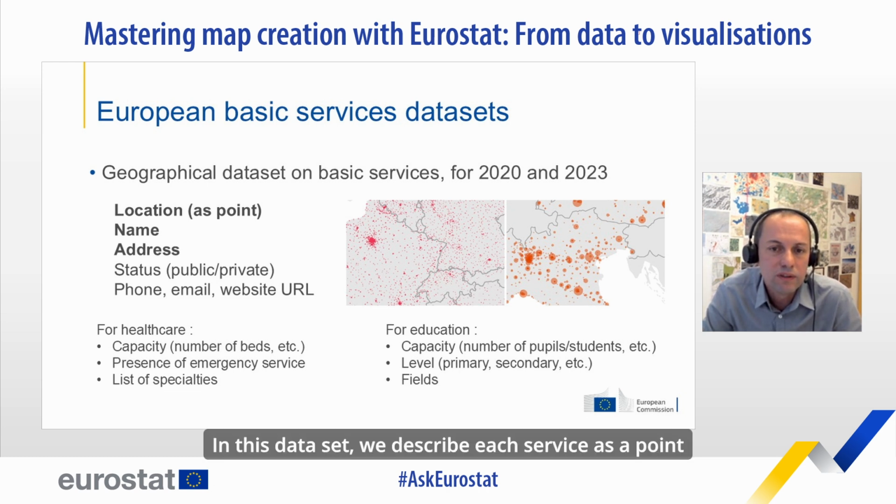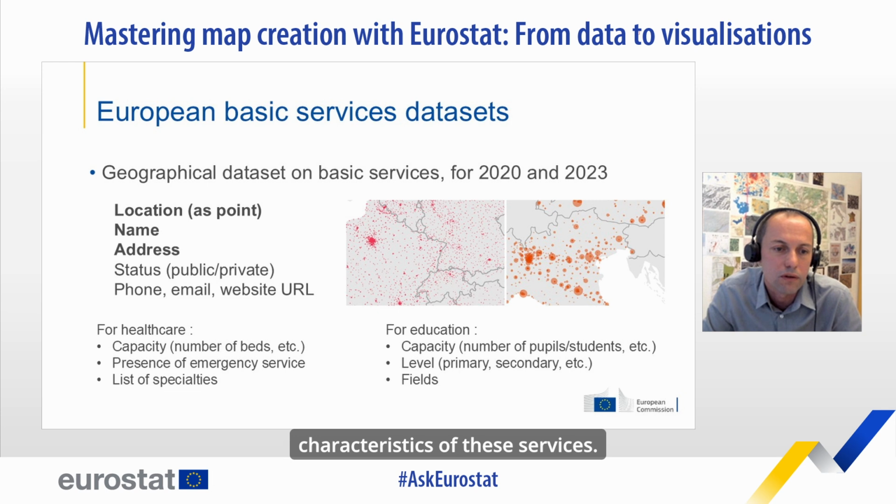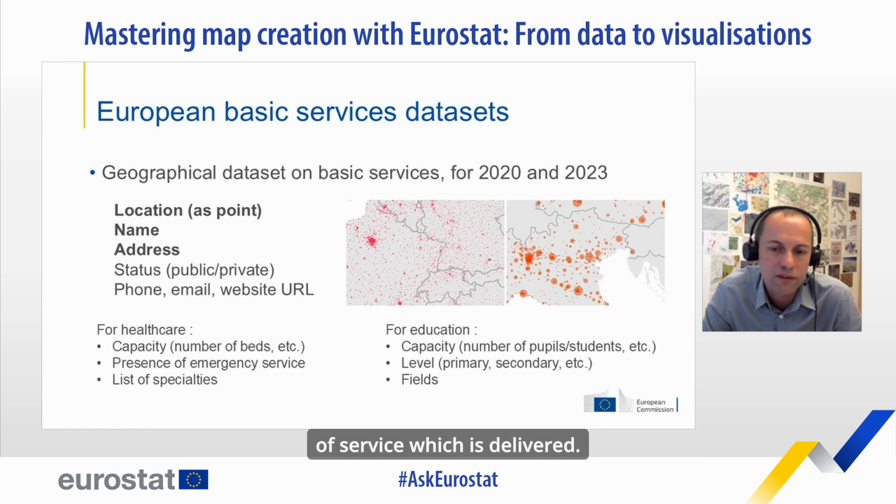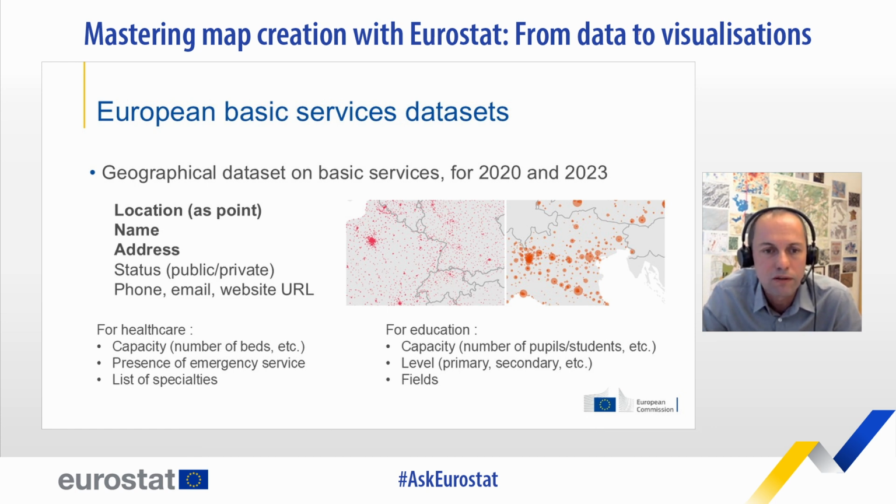In this data set, we describe each service as a point feature with X and Y location and a number of characteristics of these services. You can see here the list of properties that we have collected, and the specific ones for healthcare and education, which relate to the capacity and a more precise description of the type of service which is delivered.